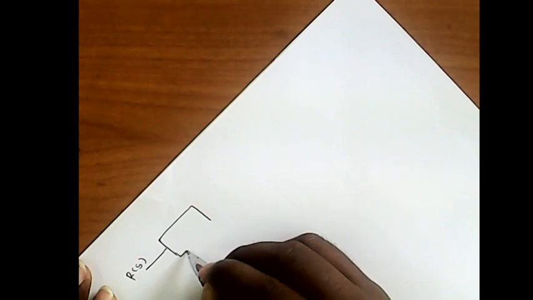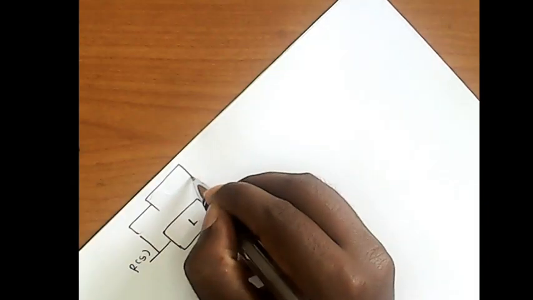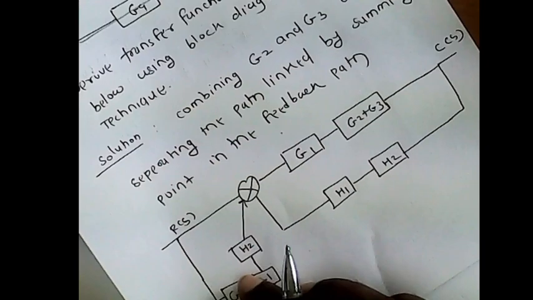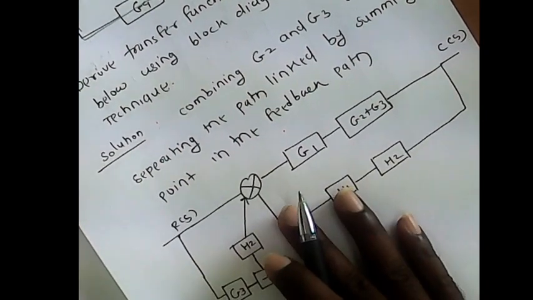R(s), 1. These blocks are in series. When blocks are in series, they are multiplied with each other.